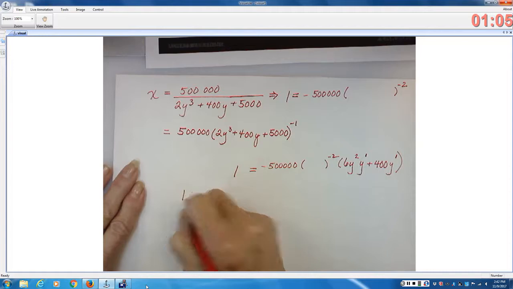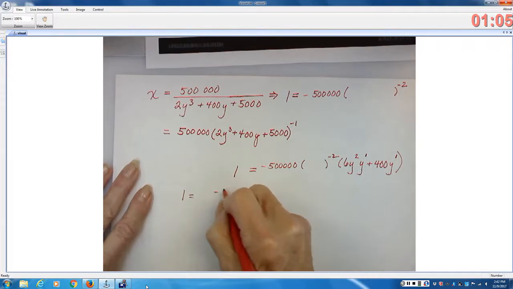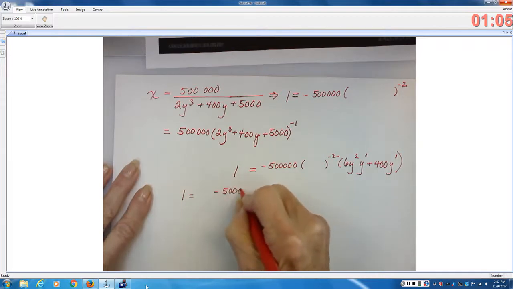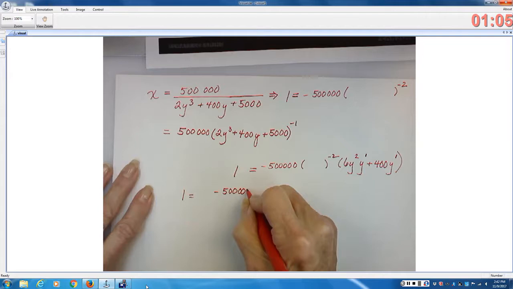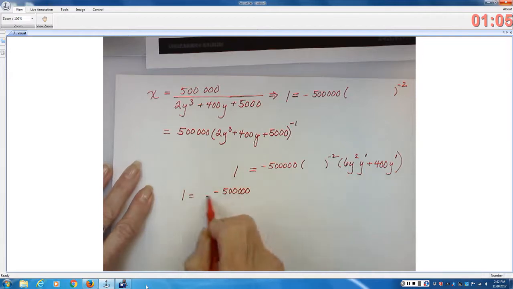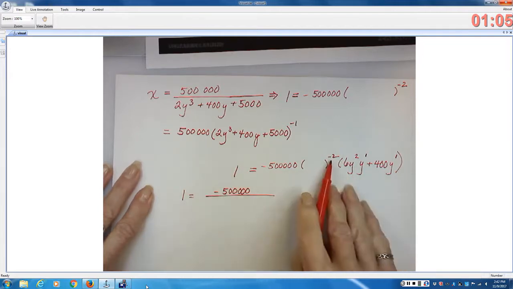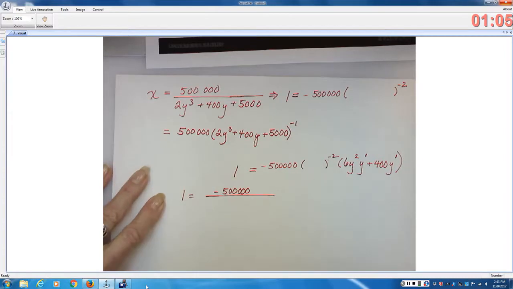So that means 1 is equal to negative 5,000, I'm sorry, 500,000. Those zeros do make a difference. I'm going to move this into the denominator just because it's easier to keep track of it.